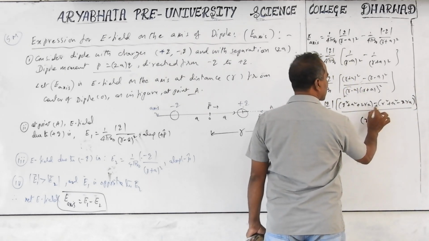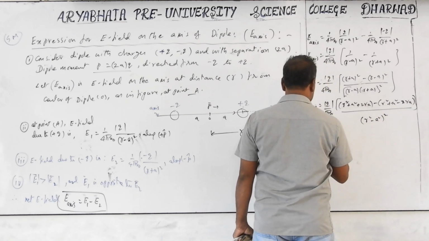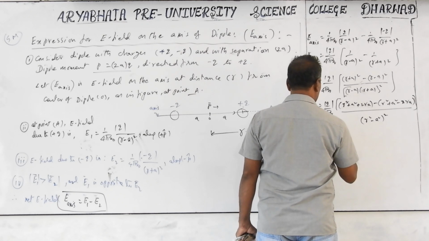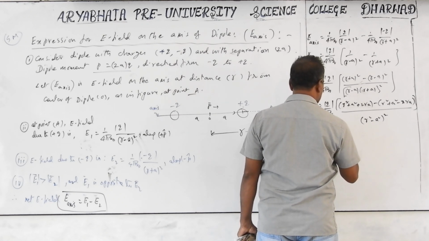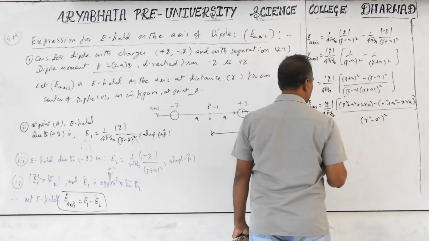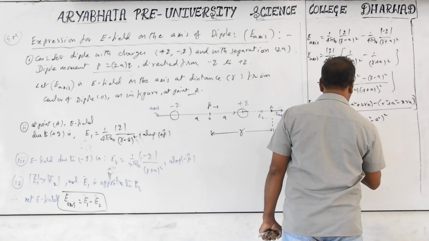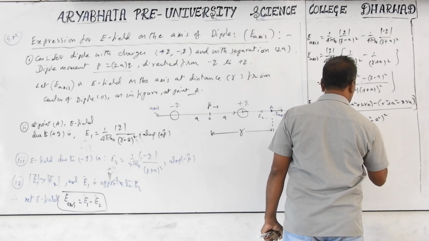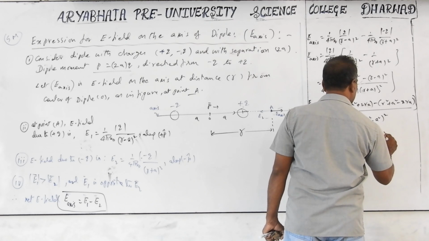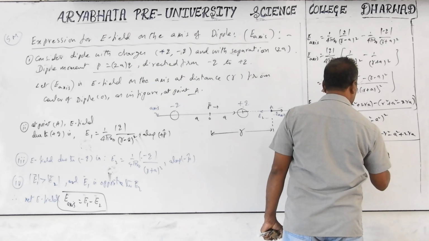In the numerator, this minus is taken into the bracket, it becomes minus r square minus a square plus 2ra. E axis equals q by 4 pi epsilon naught into r square plus a square plus 2ra minus r square minus a square plus 2ra, by r square minus a square whole square.